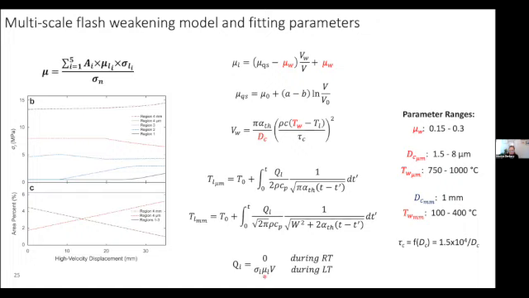And what we wanted to do, which in hindsight might have been a little lofty, was identify a unique set of material parameters for Westerly granite and the flash weakening model. And so I looked at over 240 unique parameter combinations where I varied my fully weakened friction coefficient, my asperity dimension at the micrometer scale, my weakening temperature at the micrometer scale, and then my weakening temperature at the millimeter scale.